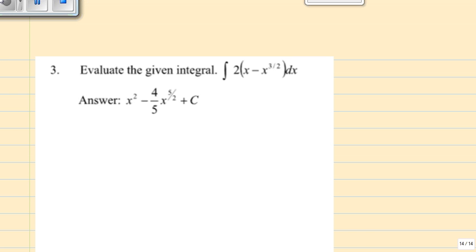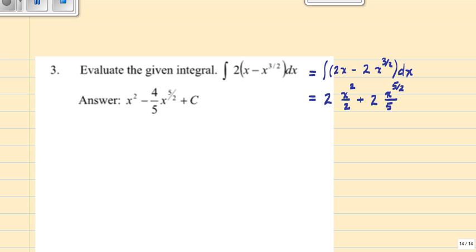Okay, in example 3, we just have to multiply through, so that would be the integral of 2x minus 2x to the power of 3 halves dx, and now we can integrate, and that gives us 2x to the power of 2 divided by 2, minus 2x to the power of 3 halves plus 1 is 5 halves, divided by 5 halves, and then plus c.